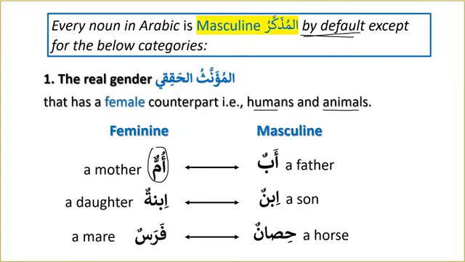Ummun is the feminine because it is the female counterpart. Similarly, we have ibnun, a son, and then we have ibnatun, a daughter. And again, this is the female counterpart. And then we have hisanun for the horse, and farasun, a mare, which is also the female counterpart. So number one, the real gender, al-mu'annathu al-haqiqiyu.